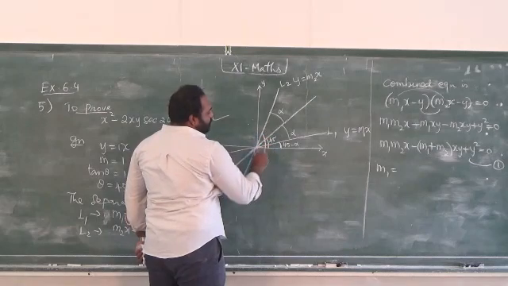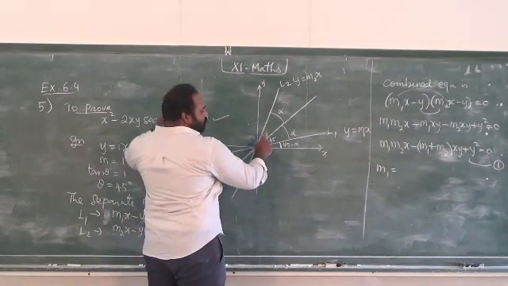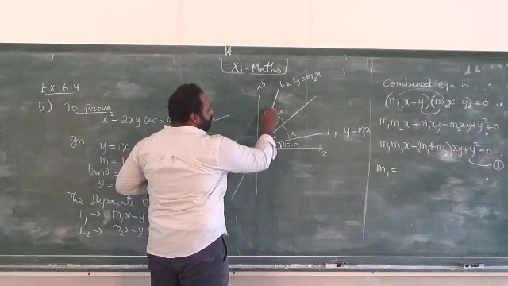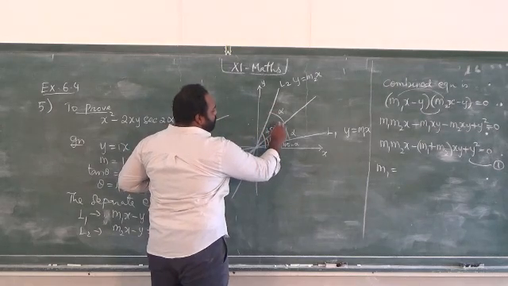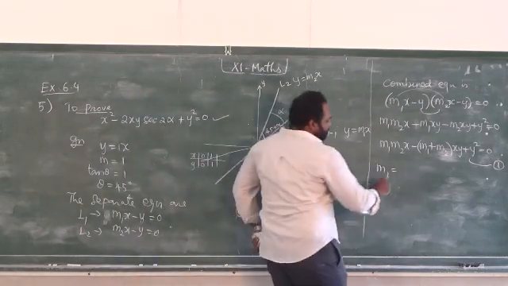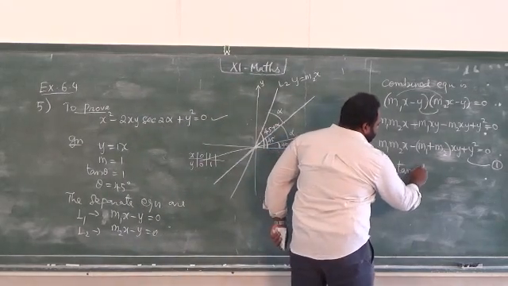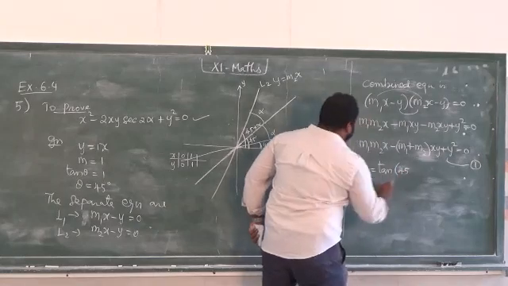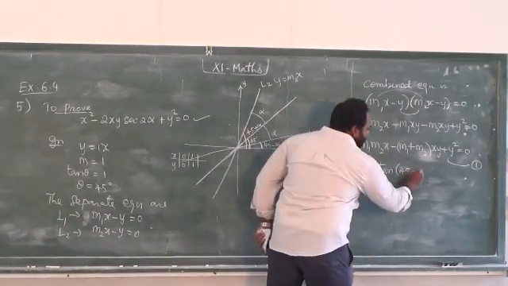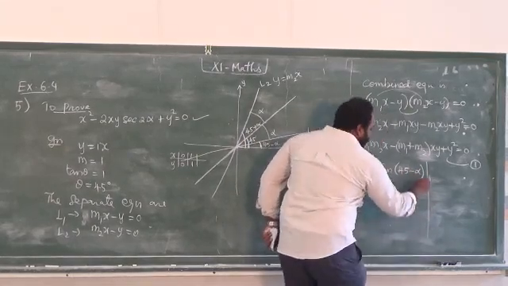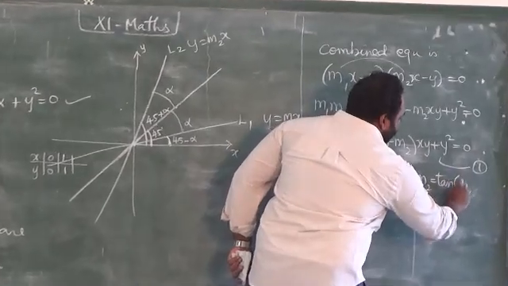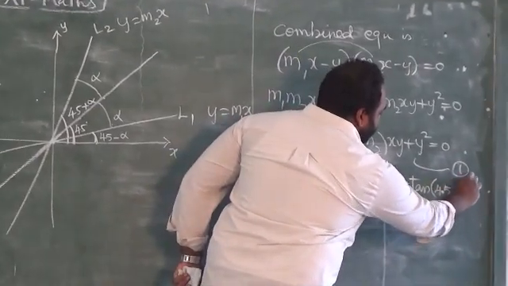So this angle is the slope of m2. So how can you get up to here? 45 degree plus alpha will give the total slope of L2. Okay, now m1 is tan theta, here 45 minus alpha, so m1 is tan of 45 minus alpha, and m2 is tan of 45 plus alpha.